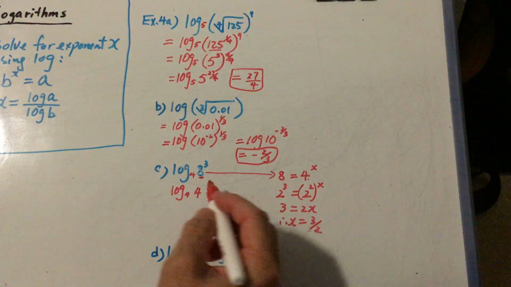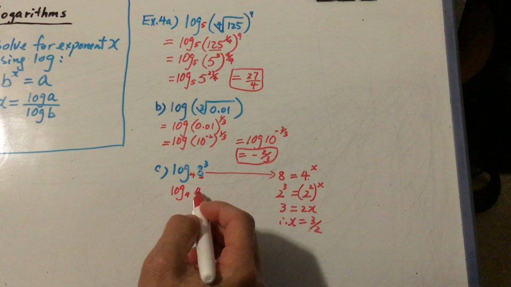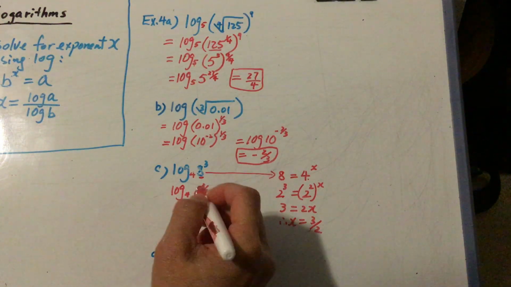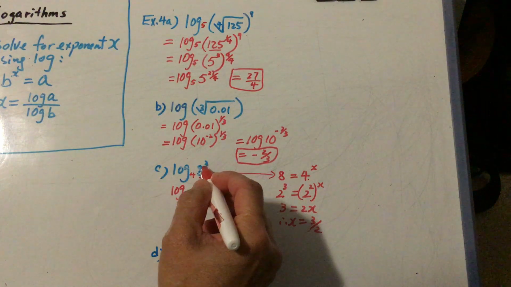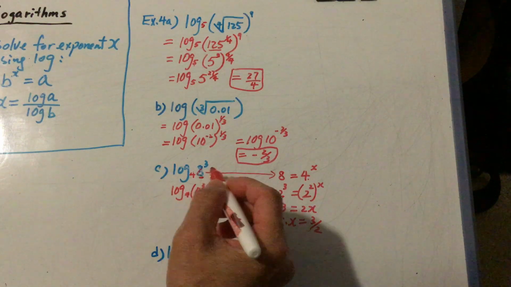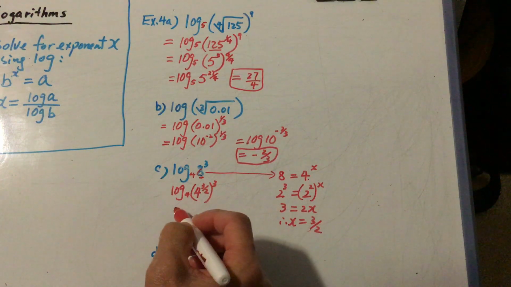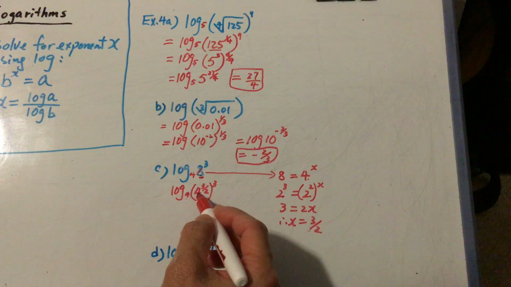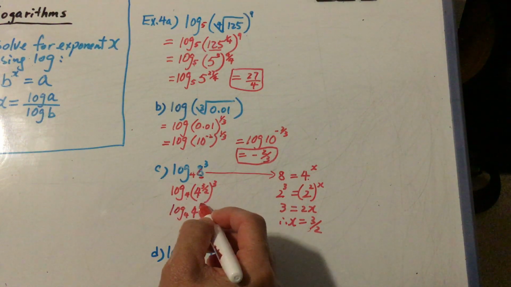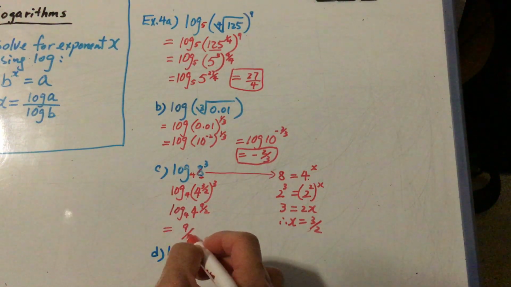So if I want to turn this 8 into the base of 4, this 4 must have the exponent of 3 over 2. But since I have the exponent of 3 for this 8, it's very important that you keep that as well. So now I have a log 4, and the exponent is 9 over 2. Therefore, the final answer has to be equal to 9 over 2.